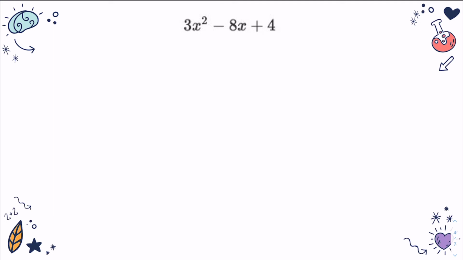But we have to pick numbers that will allow us to factor by grouping. So we start by doing a times c, which is 3 times 4, which gives us 12. And then we're looking at what 2 numbers multiply to give us ac and add to give us b, which is a -8.